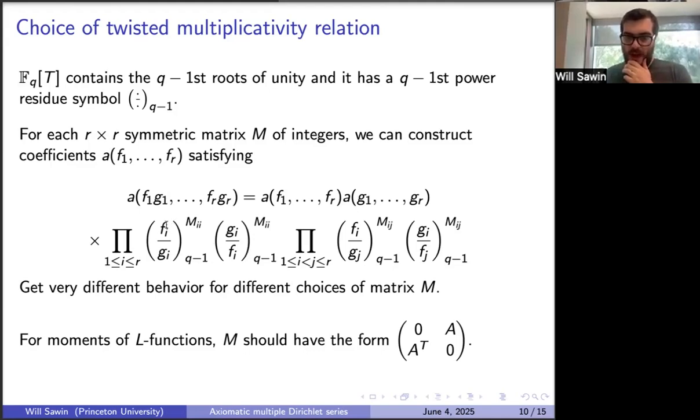Every term fi over gi can appear to any desired exponent mii, and the fi over gj term should appear to the exponent mij. The thing has to be symmetric, so the gi over fj term appears to the same exponent. So these choices of twisted multiplicative relations are parameterized by these R by R symmetric matrices that tell you what exponent to raise these different residue symbols to.